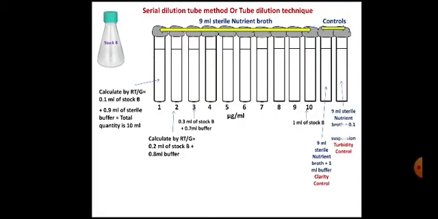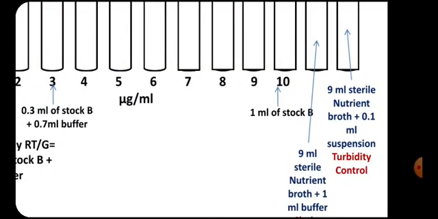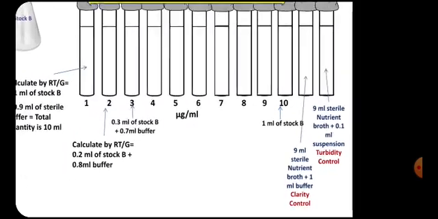Second tube will contain 9 ml of sterile nutrient broth plus 0.1 ml of suspension. That means the suspension of bacterial culture. It will be called as turbidity control. Now you have these two controls.